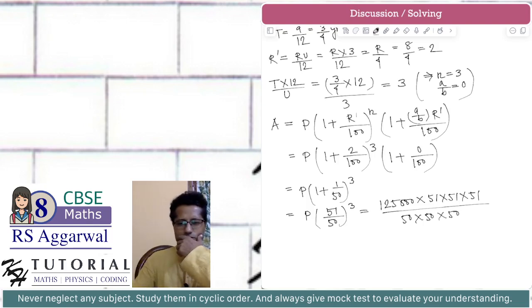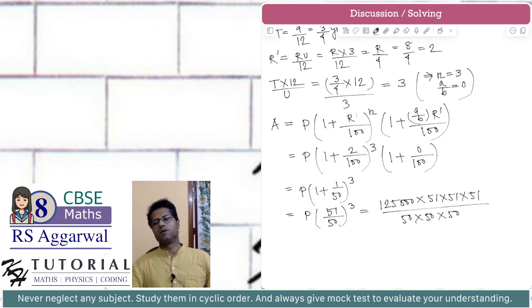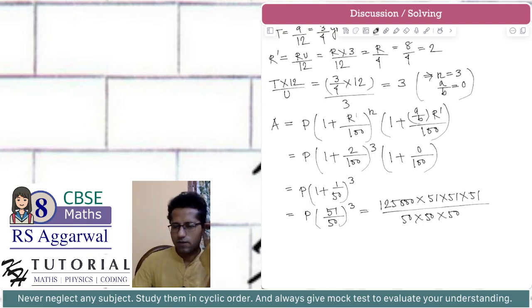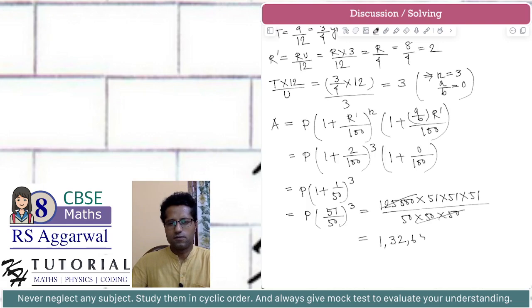This 50 multiplied by 50 multiplied by 50 will cancel the 1,25,000, because 5 multiplied by 5 multiplied by 5 is 125, and we have 50, so 3 zeros. So this whole thing cancels this thing. So it is 51 cubed, which is 51 multiplied by 51 multiplied by 51, is 1 lakh 32,651. So this is the final amount.